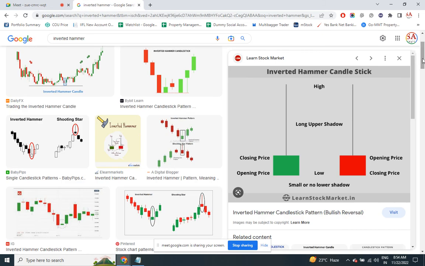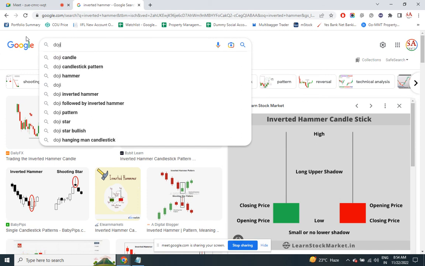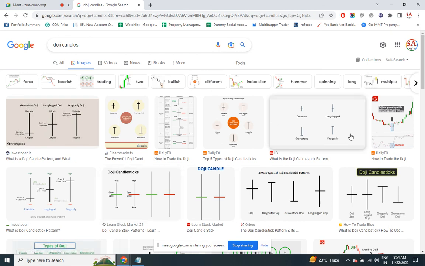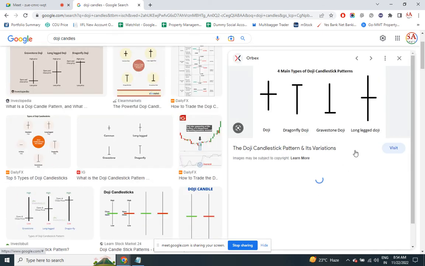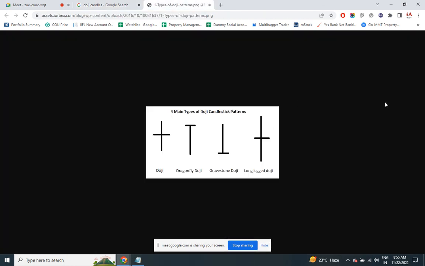And then finally the dojis. There are several dojis. Write down the headline as doji and draw all these 4 patterns.